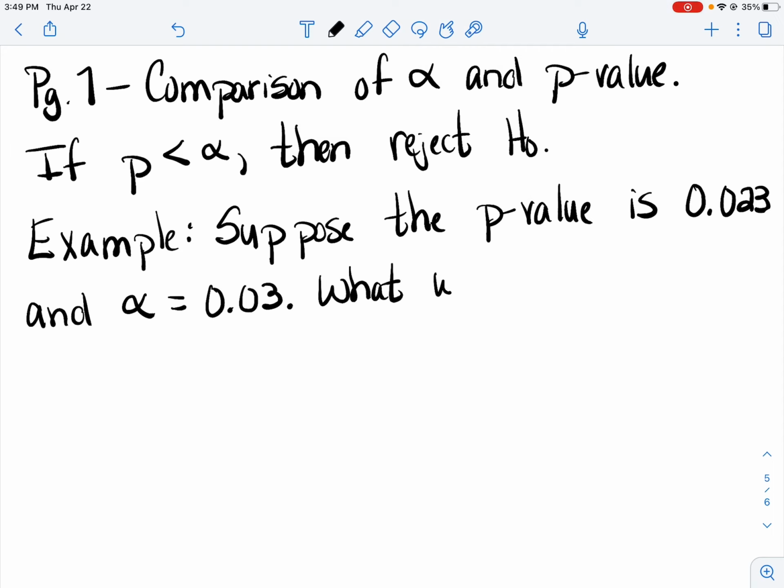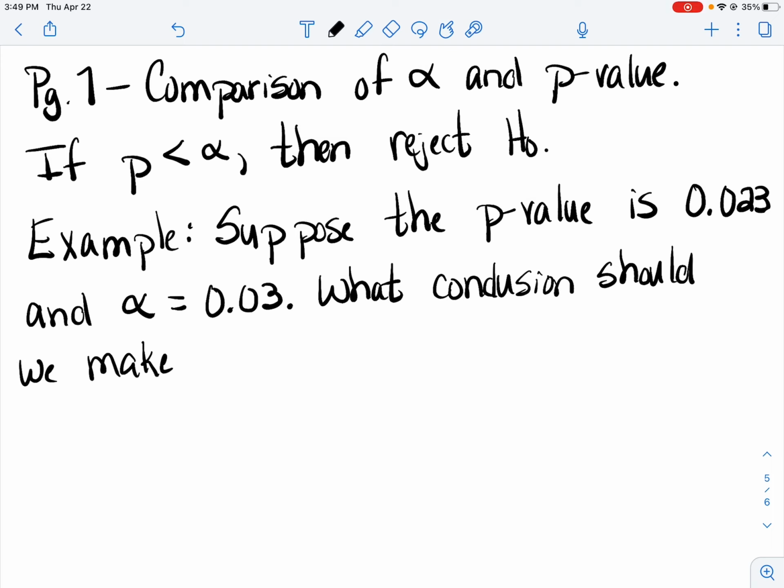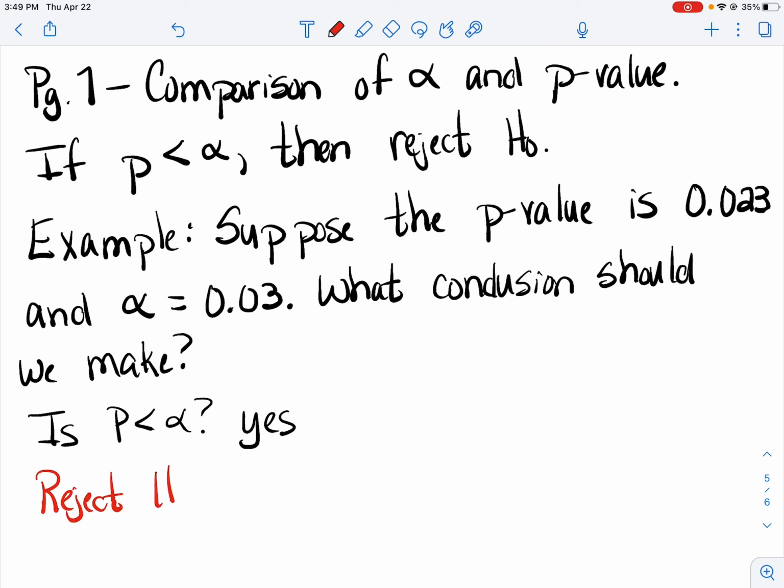What conclusion should we draw? In other words, do I reject H naught or not? So my question is, is my p-value less than alpha? And the answer is yes. If your answer is yes, then you reject H naught.